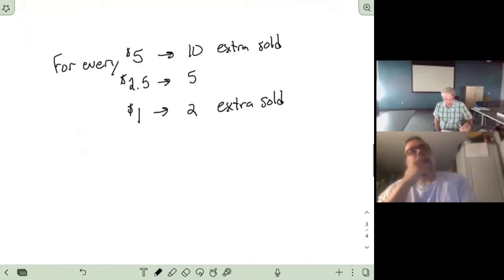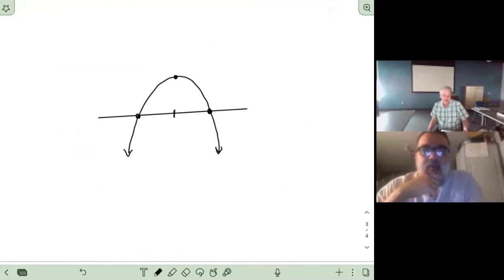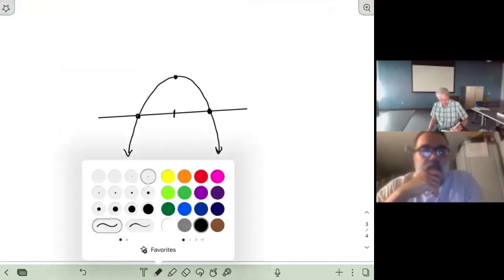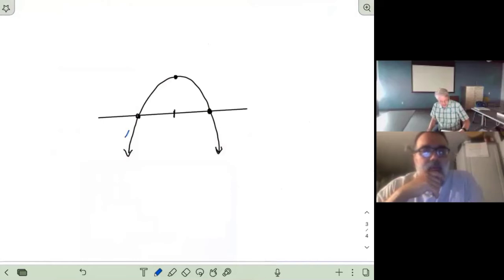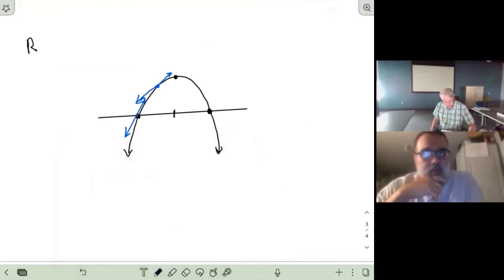But what I wanted to say here in terms of the derivative, and I'm assuming you've talked about derivatives as a tangent, is that you can see what the tangent is doing here. Over here, the slope is positive. If this is our revenue function, R prime of x bigger than zero means that we're gaining revenue.